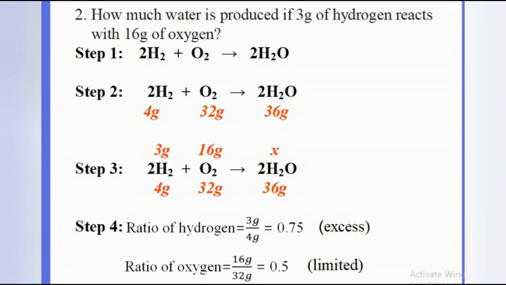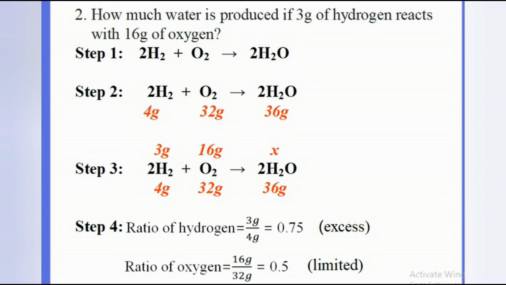The first step is write the balanced chemical equation. So, in the first step, we write the balanced chemical equation of this problem. 2 molecules of hydrogen react with 1 molecule of oxygen to produce 2 molecules of water.